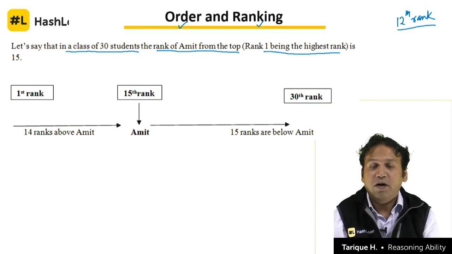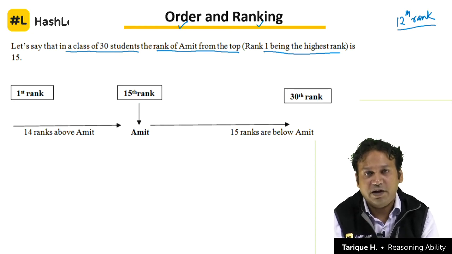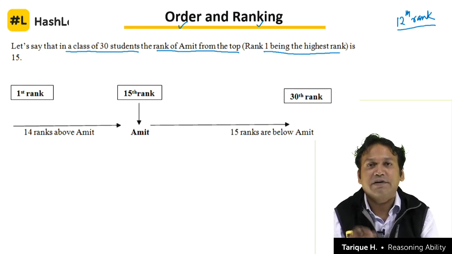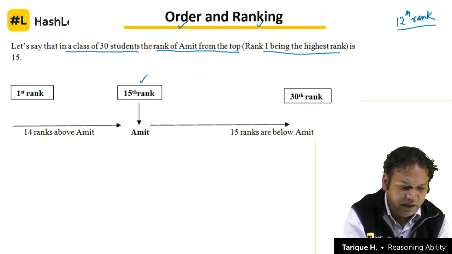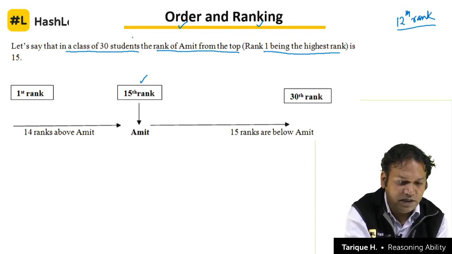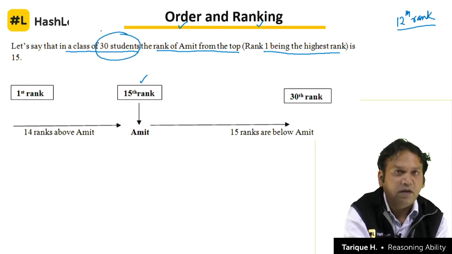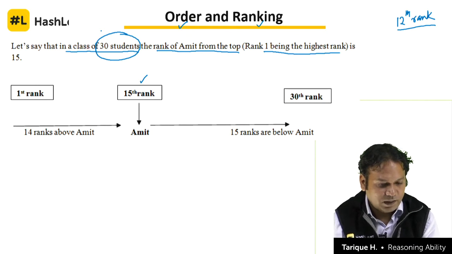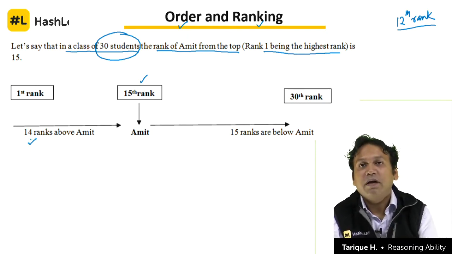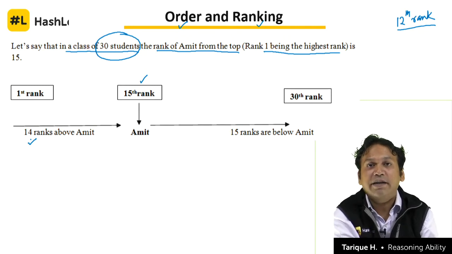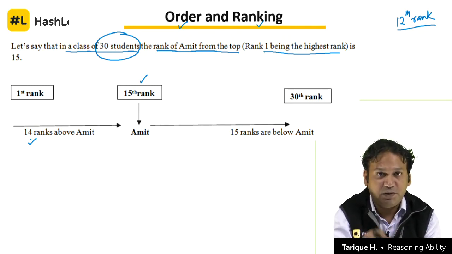Rank of a person or an object can be given from the top or from the bottom, from the left end or the right end, as given in the question. So here, Amit's rank is given as 15th and there are 30 students in the class. That means there are 14 ranks above Amit. 14 students are ranked higher than Amit because Amit is the 15th person.